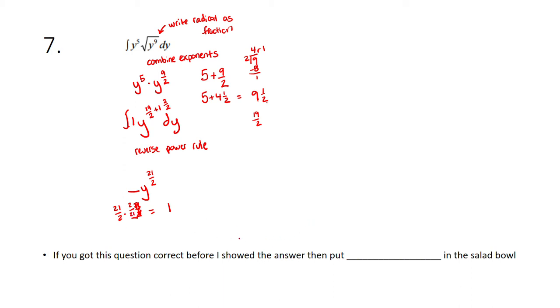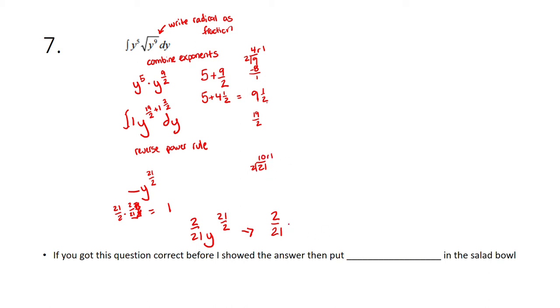So our final answer, we can say 2 over 21 y to the 21 over 2. We can make that 21 over 2 make a little bit more sense. 2 goes in 21 10 times with a remainder of 1.